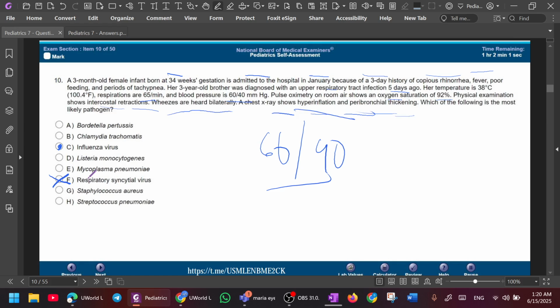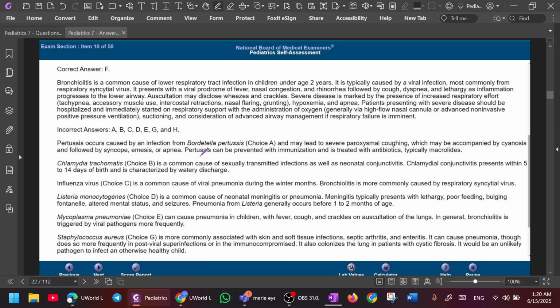Bronchiolitis is a common cause of lower respiratory tract infection in children under age 2. It is typically caused by viral infection like RSV. It presents with viral prodrome like fever, nasal congestion, and rhinorrhea, followed by cough, shortness of breath, and lethargy as inflammation progresses to the lower airway. Auscultation may disclose wheezes and crackles.